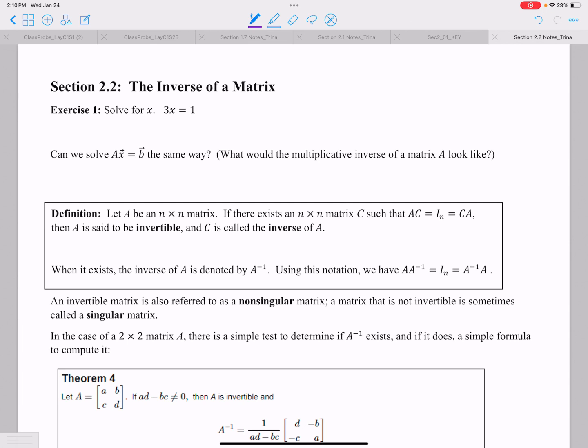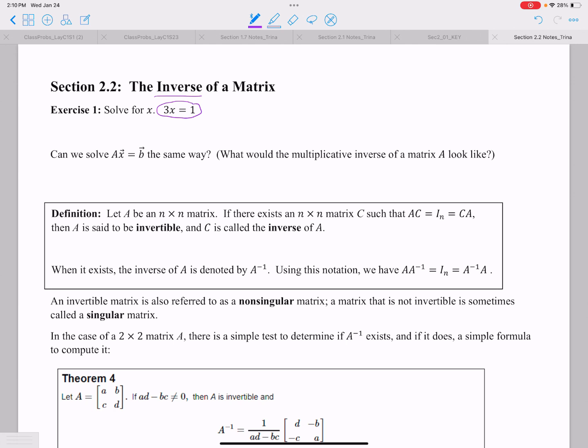This section will be all about the inverse of the matrix, and what we really mean is the multiplicative inverse of a matrix. So let's go back to middle school, when you're trying to solve 3x equals 1. Depending on your teacher, you may have talked about this differently. You might say 3 times x equals 1, and you wanted to undo it, and the inverse operation of multiplication is division.